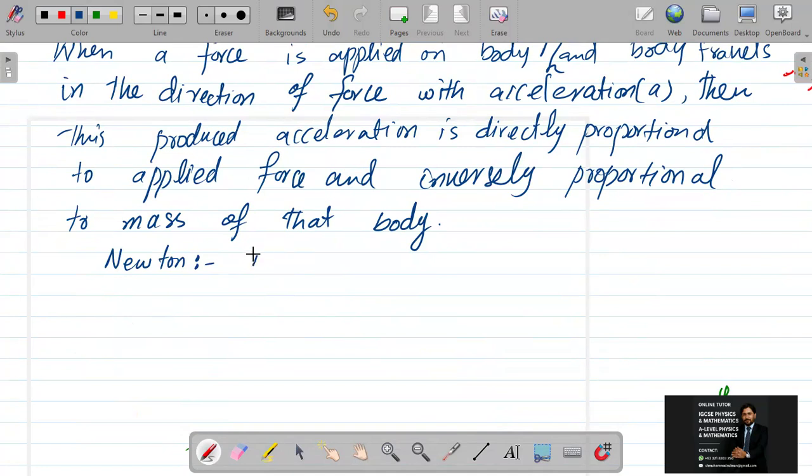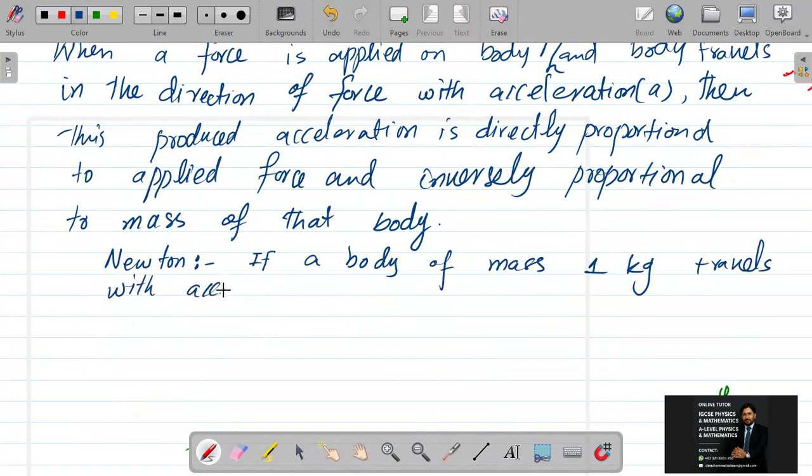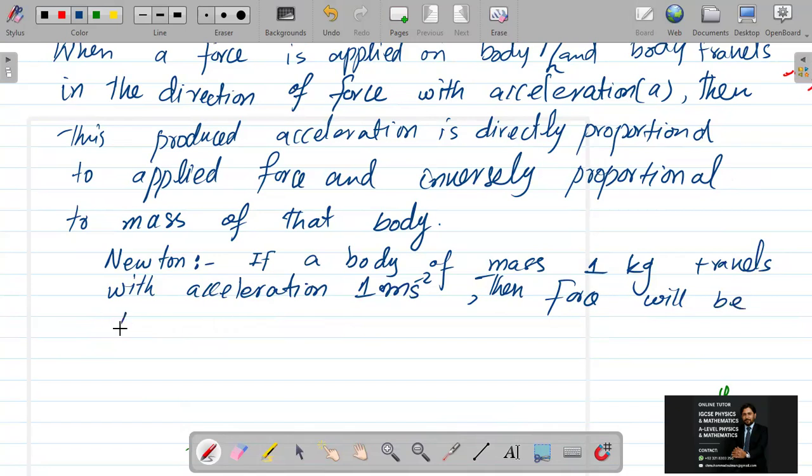If a body of mass 1 kg travels with an acceleration of 1 meter per second square, then the applied force will be 1 Newton.